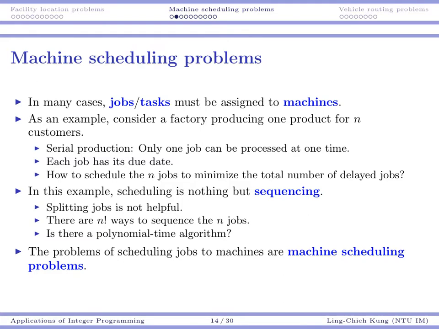Of course, that's too time consuming, so you may want to ask whether there is a polynomial time algorithm or not. For all different kinds of machine scheduling problems, some have polynomial time algorithms, but many of them do not. I mean, people believe that does not happen.